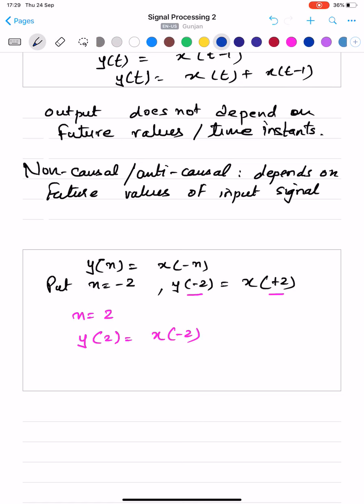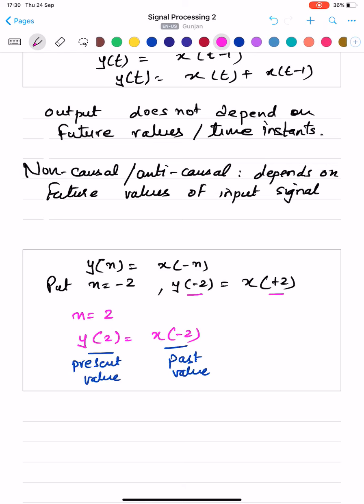On the positive side, the present time instant depends upon past value.